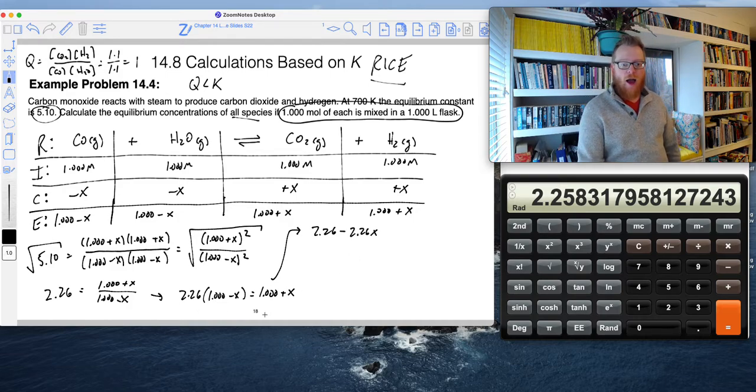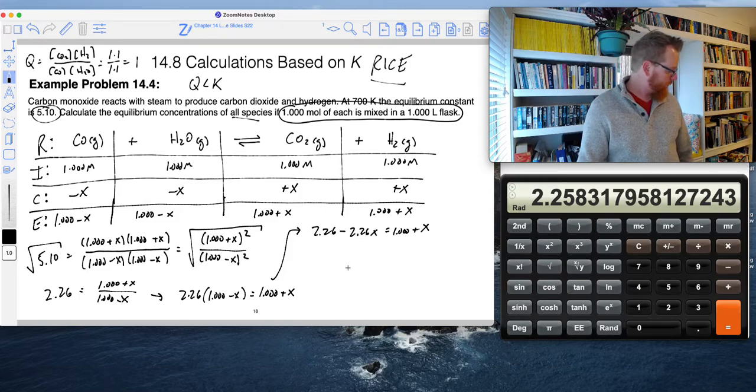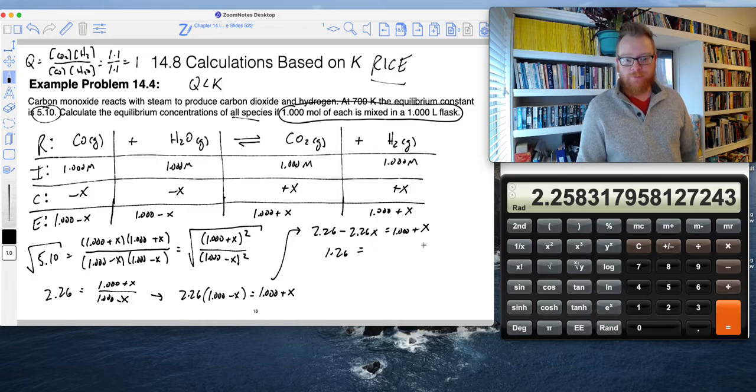I multiplied that through, and we'll just keep that all together so that we can keep it straight. So now I'm going to subtract the 1 over to here, and add the 2.26x over to here. When I subtract that 1 over, I get 1.26 equals, and then adding that over, 2.26x plus x equals 3.26x.